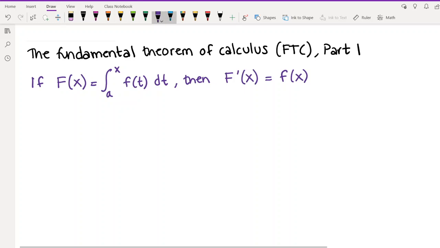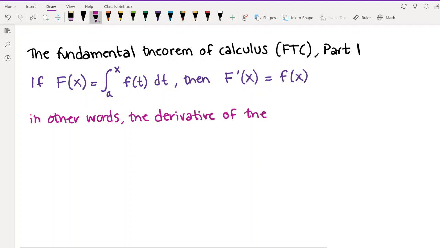So let me kind of express this in words again. So this is basically saying, in other words, the derivative of the area function is equal to, and I'm going to use a word that we haven't used yet, I don't think, so I'm going to just write it down and then I'll tell you what it means.